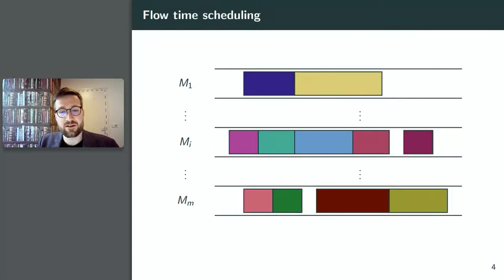We are given a number of m unrelated machines and we are supposed to place jobs on them. So the colored rectangles here are the jobs and they are placed on some machines, which describes at what times they are executed. They can only be executed on one machine and they cannot be preempted, but we can choose when or where to place them.